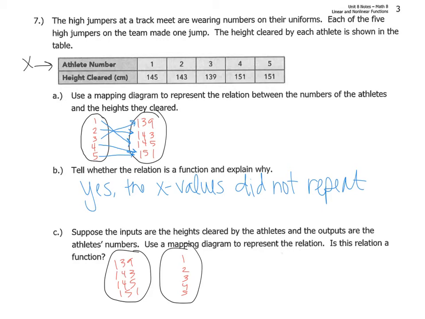So 139 goes to the 3. The 143 goes to the 2. The 145 goes to the 1. And the 151 goes to 4 and 5. So this one would not be a function because 151 repeats. Because this time, 151 is your x, or your input.